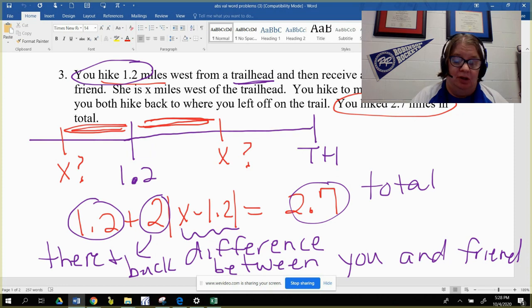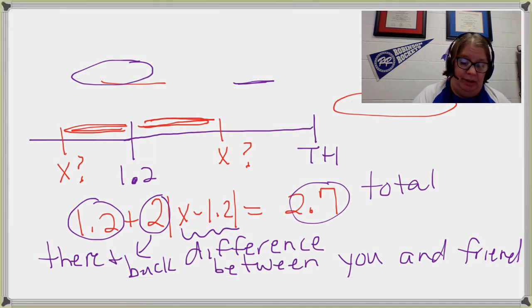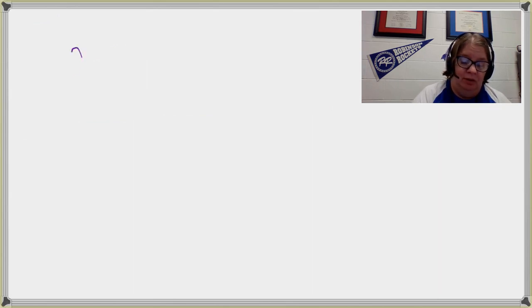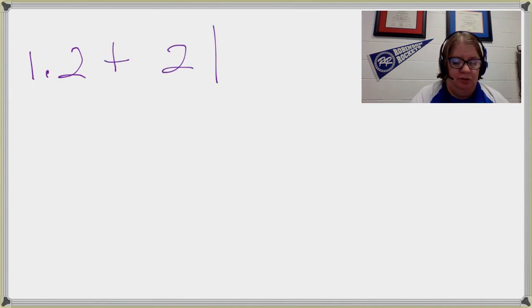Now, let's solve this. I'm going to go to a clear background. Take these off. Here was our equation. 2.7 was 1.2 plus 2 times the difference between where your friend's at and where you're at.